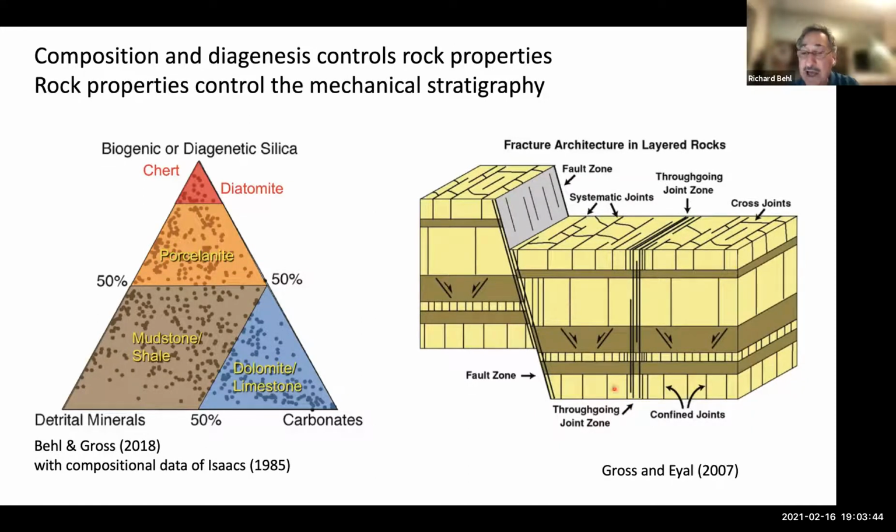But in this block, which is being extended, the mud-rich beds like mudstone or shale or diatomaceous rocks tend not to have these opening mode fractures, these brittle fractures, but they fail by normal faulting, by extensional faulting. And it can be completely confined to those beds, or you might see normal faulting across a mud-dominated stratigraphic interval, even if there are some thin beds within it that are more brittle and more siliceous.